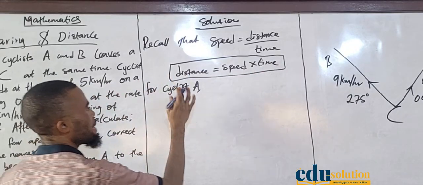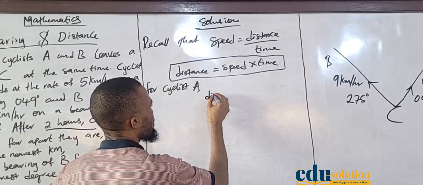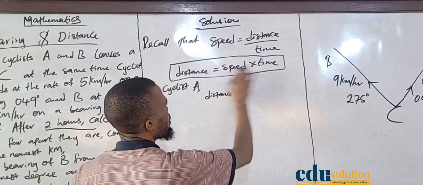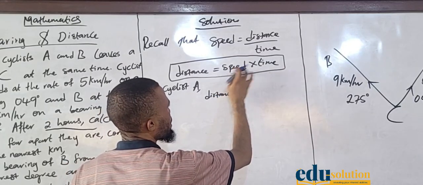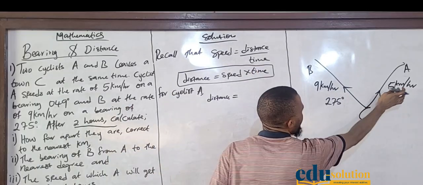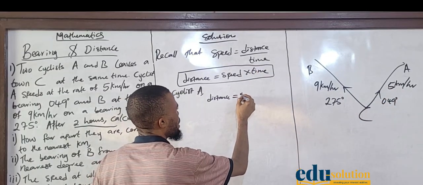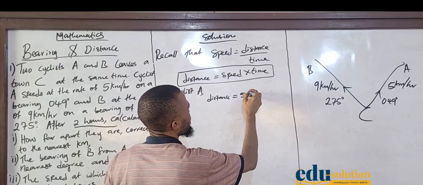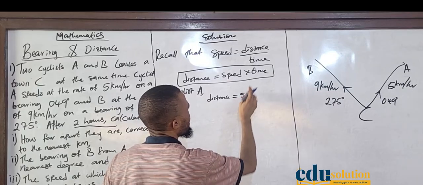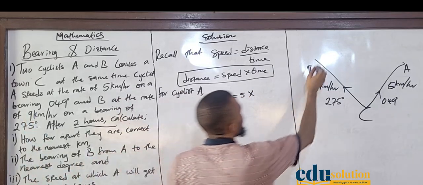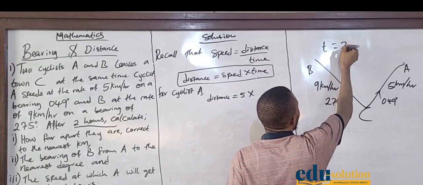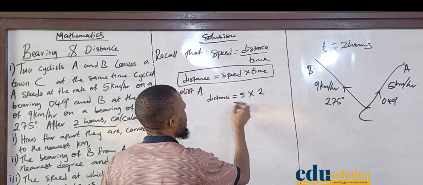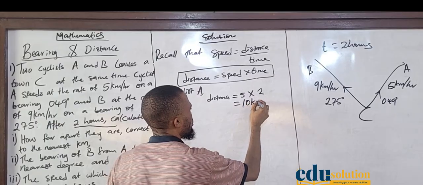For cyclist A, I have that distance is equal to speed times time. What is the speed for A? It is 5 kilometers per hour. So I have 5 kilometers times the time. The time is what? 2 hours. So I will put 2 here, which will give us 10 kilometers.